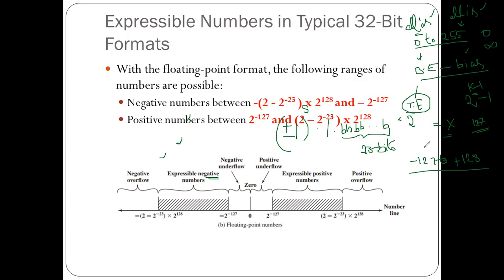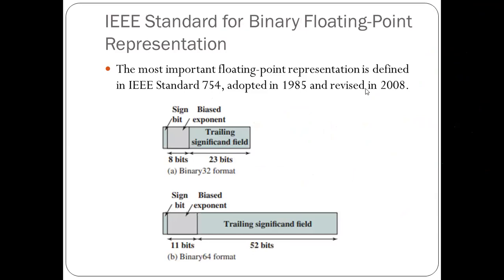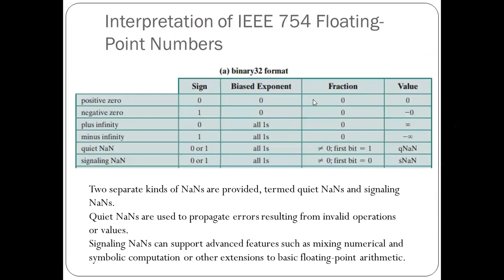In what way? In binary 32-bit single precision, a positive 0 is when the sign component is 0, all 8 bits of the biased exponent are zeros, and the fractional portion is also 0.